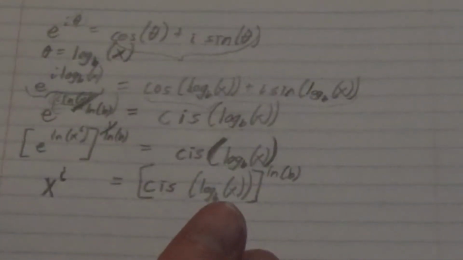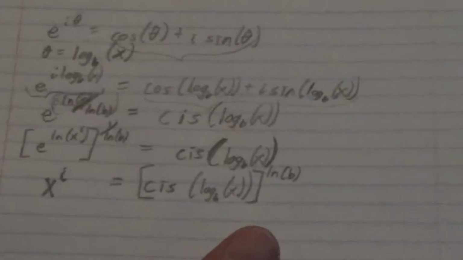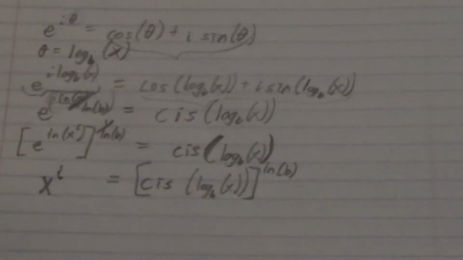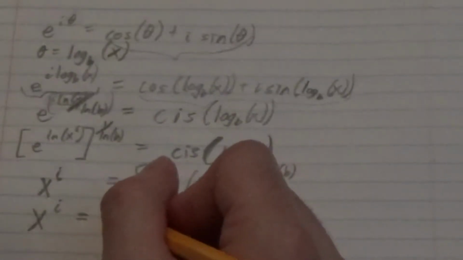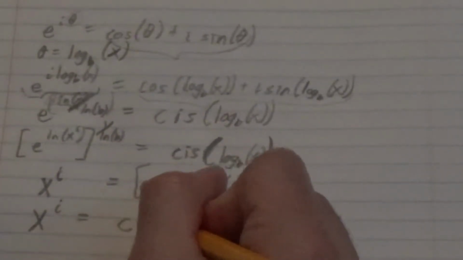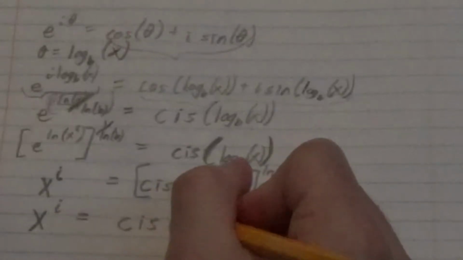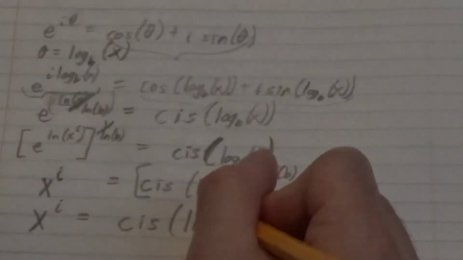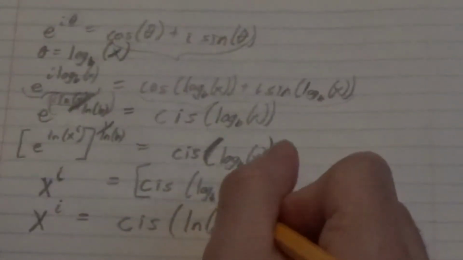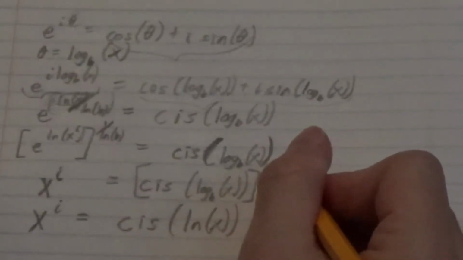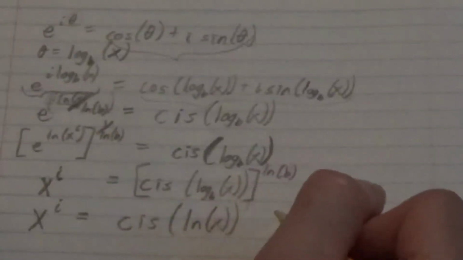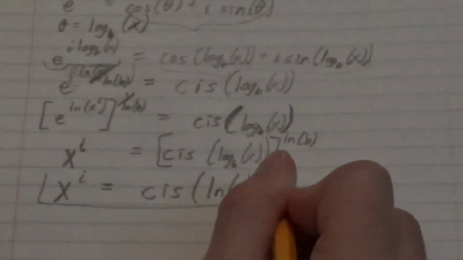And if, for simplicity, we set b equal to e, the transcendental constant, we can simplify this even further, getting this equation, x to the i, which is a very interesting concept. You can probably see where this is going. It's basically CIS of ln of x, and ln of e is just 1, so the exponent becomes 1 here.